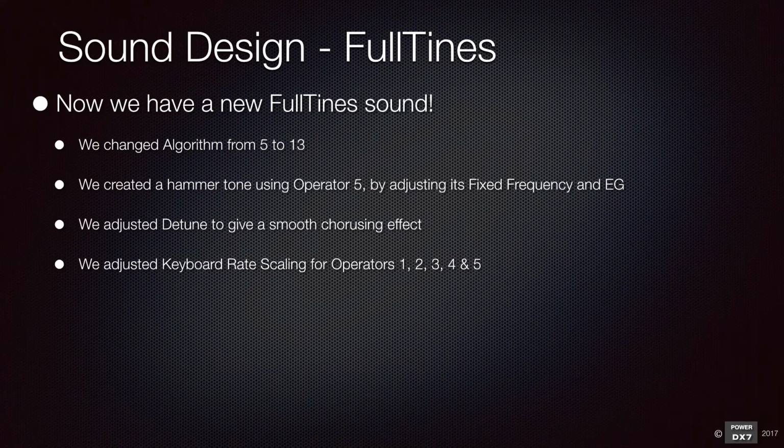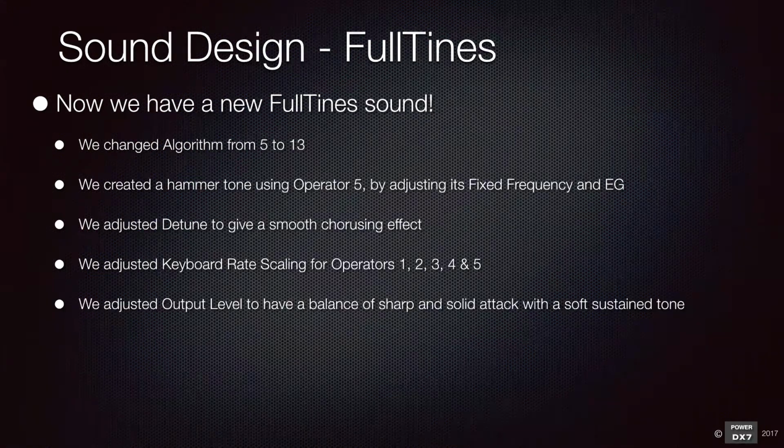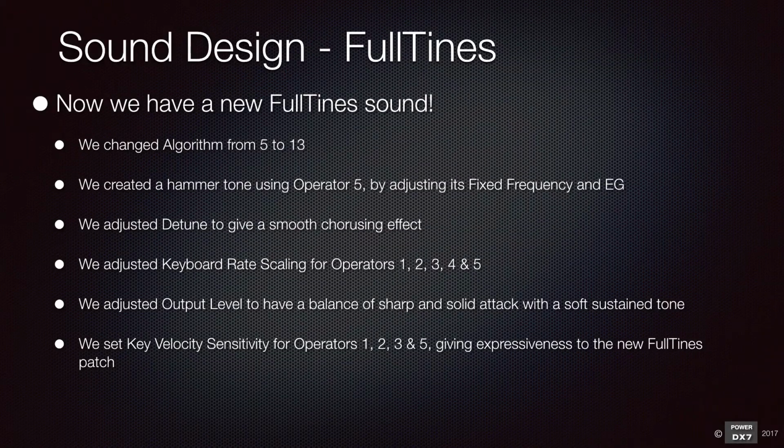We adjusted keyboard rate scaling for operators 1, 2, 3, 4, and 5. We adjusted output level to have a balance of sharp and solid attack with a soft decay tone. We set key velocity sensitivity for operators 1, 2, 3, and 5, giving expressiveness to the new FullTines patch. So, please enjoy playing the new FullTines patch.